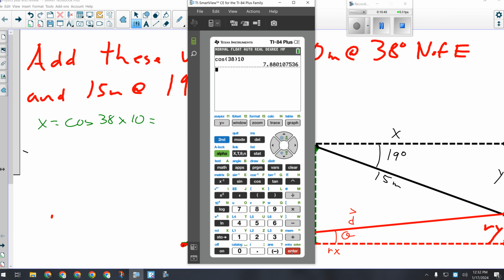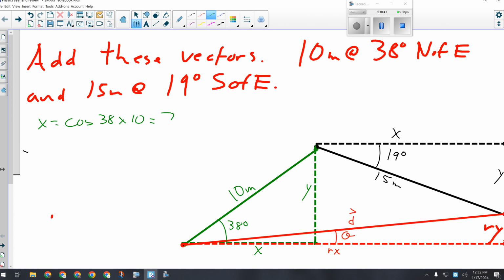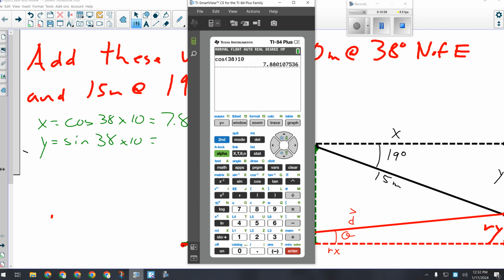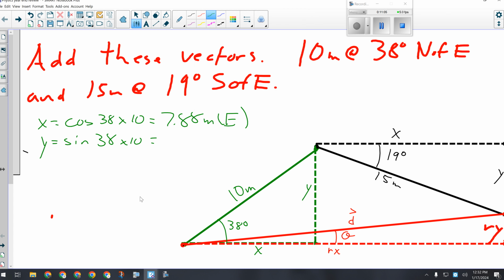So we're looking at 7.88 meters east. The y component is the opposite side, so it'll be sine of 38 times 10. So 6.16 meters, and that is north.